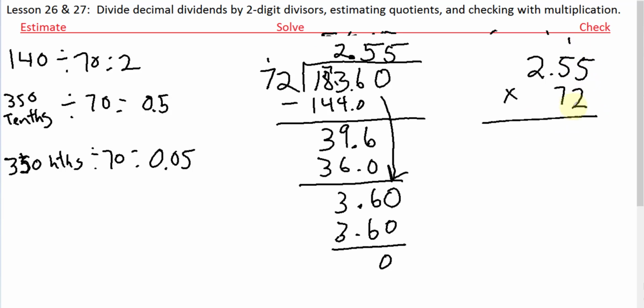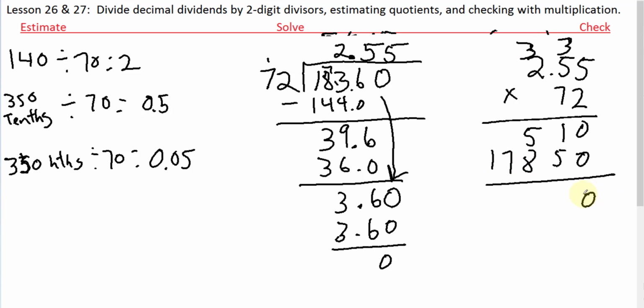2 times 5, 10. 2 times 5 tens gives us 10 tens plus 1 is 11. 2 times 2 is 4, and 1 is 5. Placeholder, 7 times 5, 35, 7 times 5, 35 plus 3, 38, and 14 plus 3 is 17.